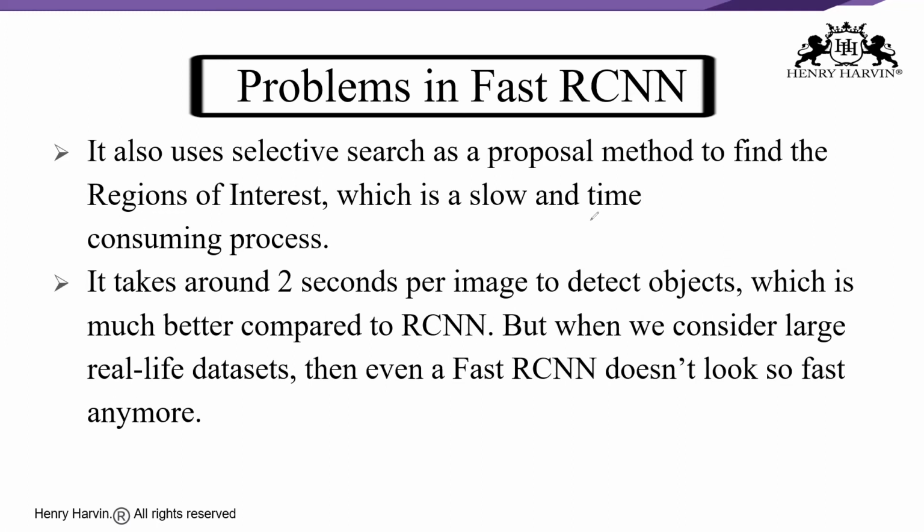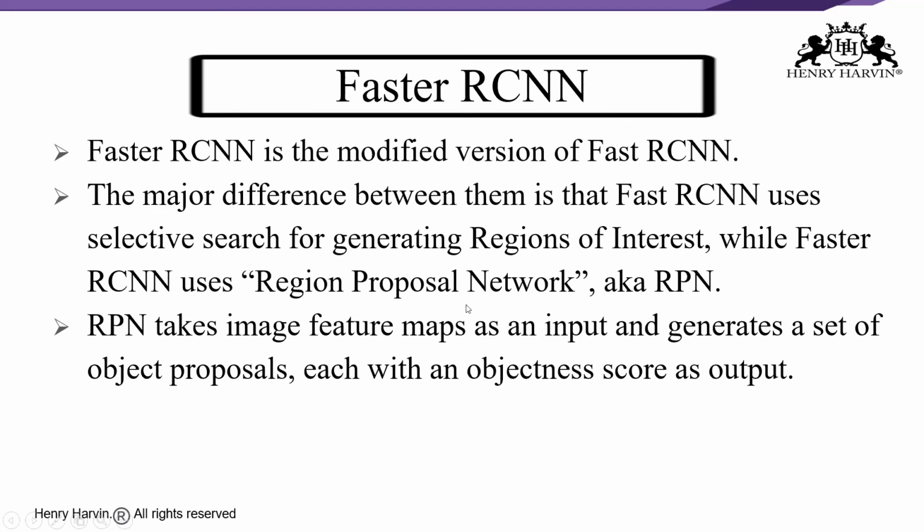So there was another one, which is Faster RCNN. This is a modified version of Fast RCNN. The difference we can see is that Fast RCNN uses selective search for ROI generation, but this one uses an RPN.